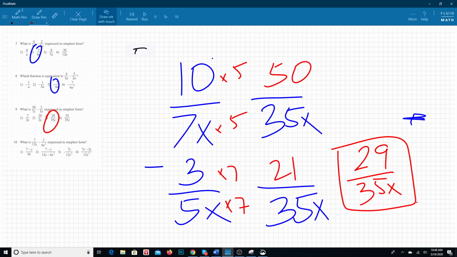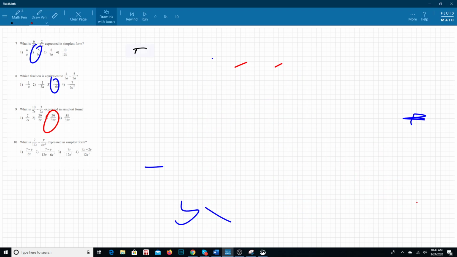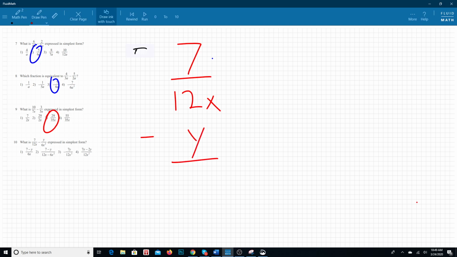Because then we're going to go on to the last question. That reads 7 over 12x minus y over 6x squared.